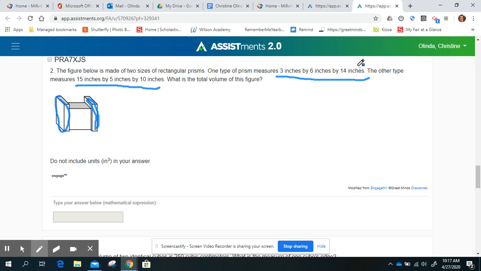And I know that since the height is 14, and this is the taller figure, this is the formula for the volume of each of those prisms. So I'll have volume equals 3 times 6 times 14. And 3 times 6 is 18 times 14. And I'll have to solve that like this.